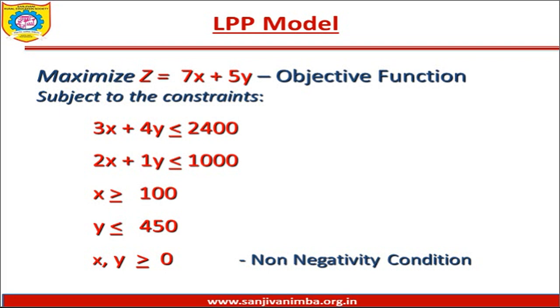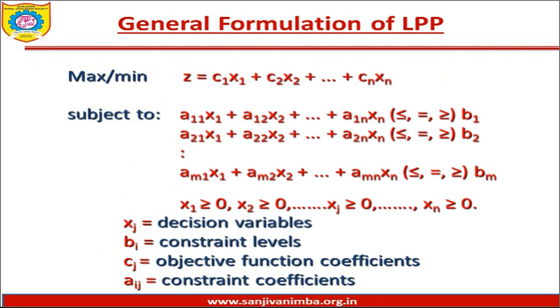I hope you have understood the video, and on the basis of this you can see that a general formulation of LPP is simply either to maximize or minimize Z, which is C0 plus C1x1 plus C2x2 plus up to Cnxn, subject to certain limitations like A11x1 plus A12x2 plus up to A1nxn, which can be of less than or equal to type, equal to type, or greater than or equal to type B1.